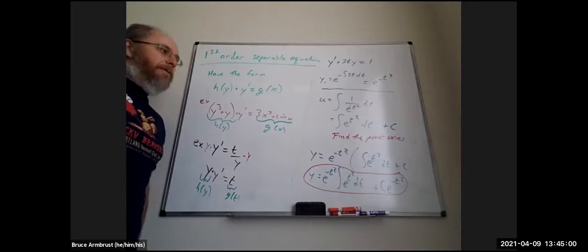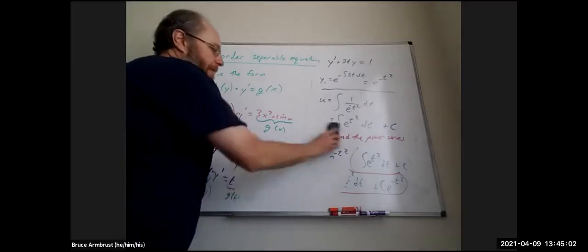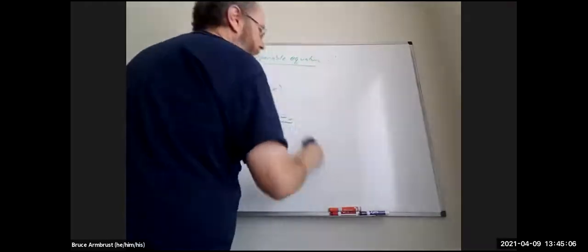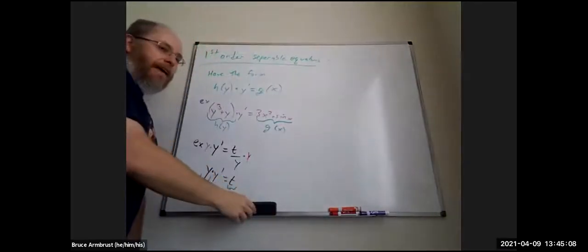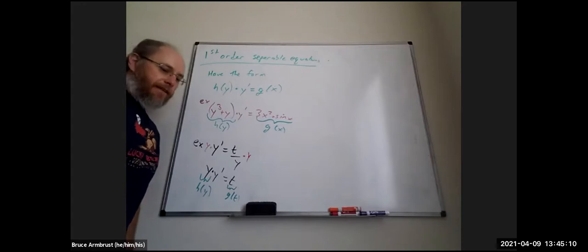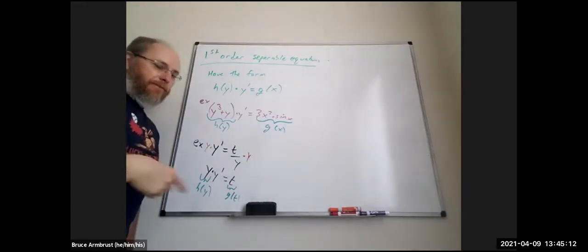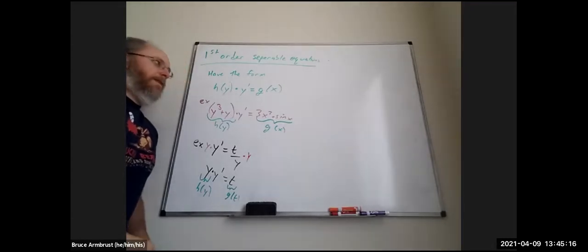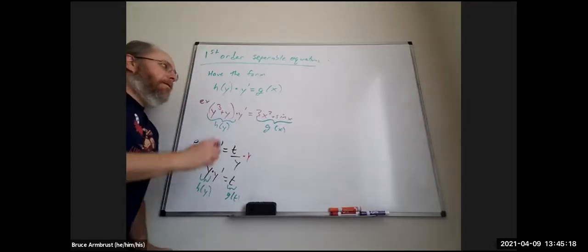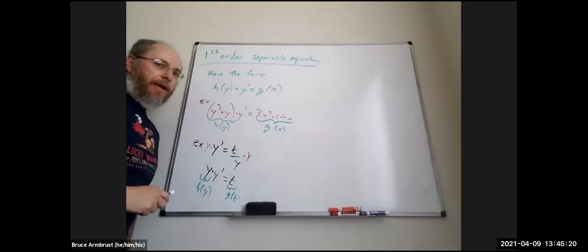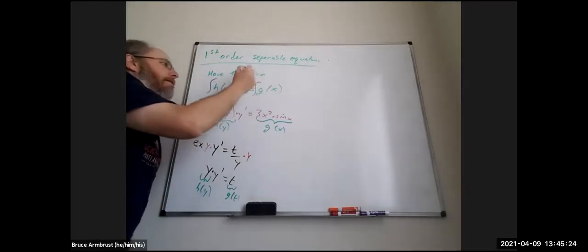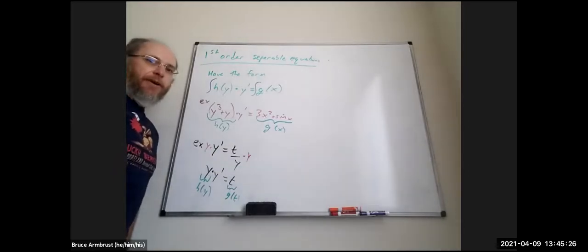All right, so if it's separable, it turns out that there is a process that we do every time, just like with the linear first order. And it's actually really, really easy. Because once we're in this form, all we have to do is integrate both sides.